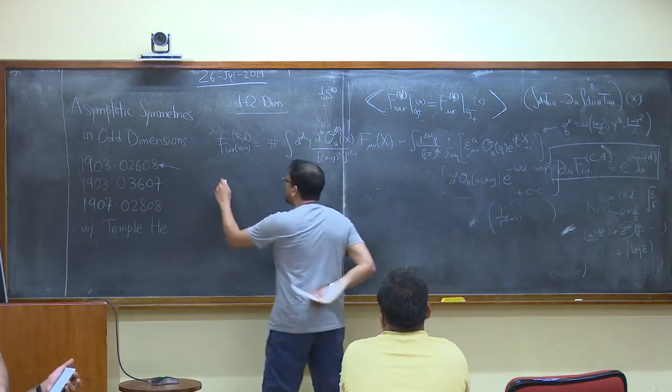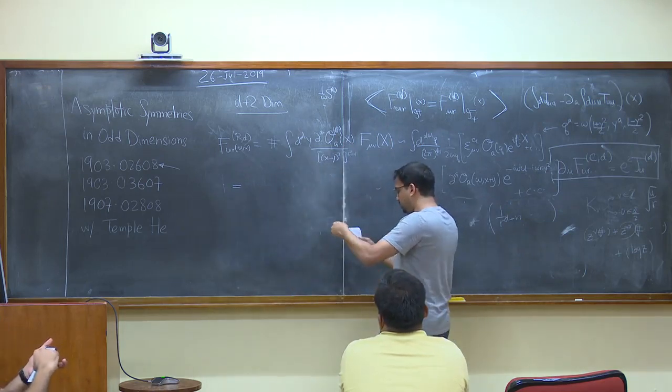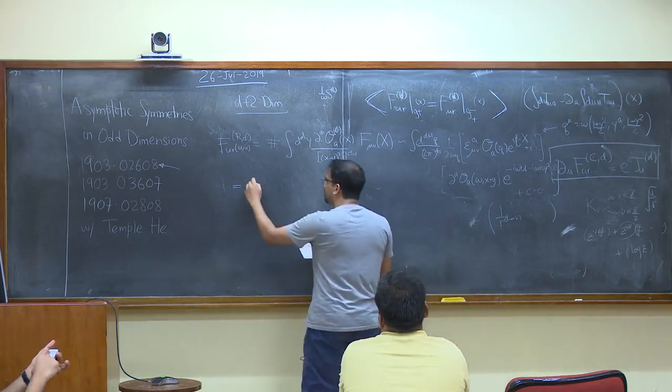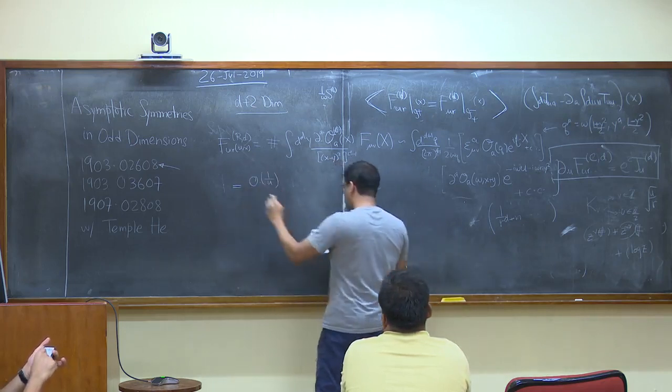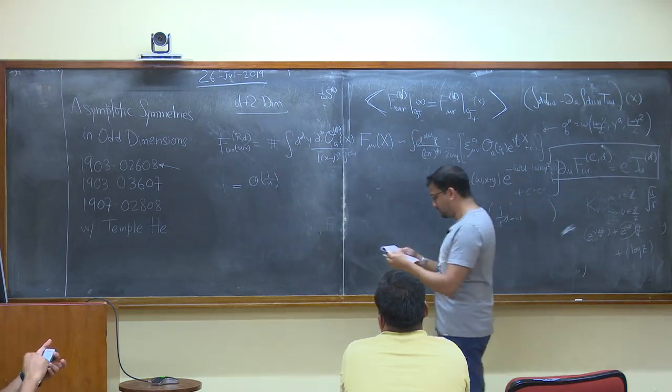On the other hand, in even dimensions, as I said, you're going to get log divergences. So you get terms that are order 1 over u that I don't care about because I'm only interested in the value at large u.